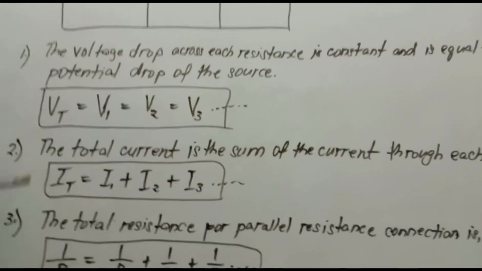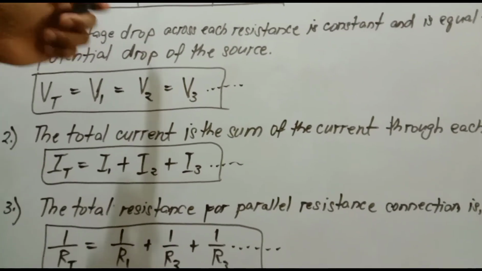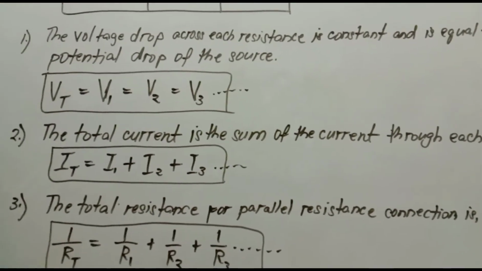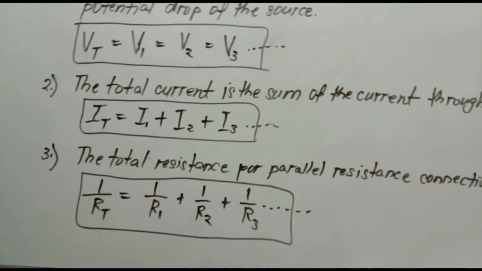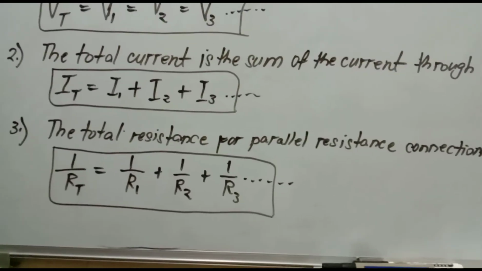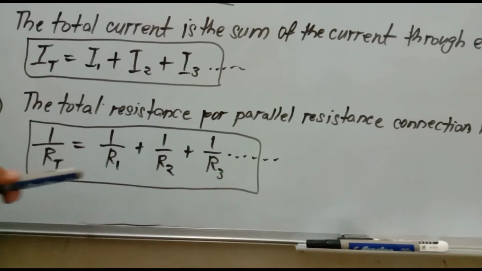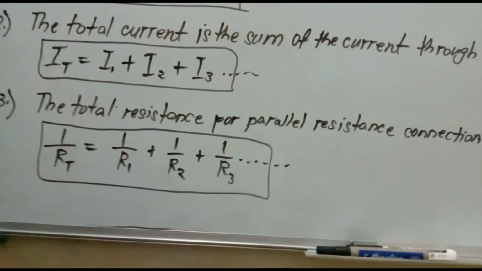And the total current flowing in this parallel circuit is the summation of the currents in every resistor. And the last thing is the total resistance of the circuit. It is the reciprocal of the series case, so 1 over RT is 1 over R1 plus 1 over R2 plus 1 over R3.